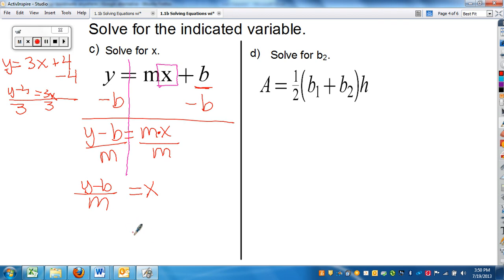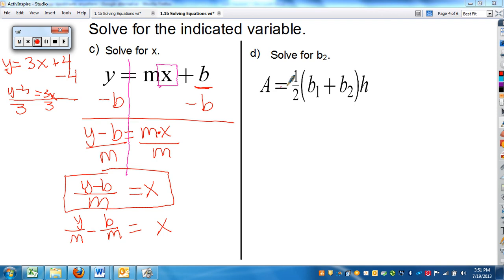Lastly, again, I just want to give you multiple ways of writing your answer. This is correct. I absolutely will accept that. One other way I will accept your answer is divide. Notice m is dividing both y and b. I can go y over m minus b over m equals x. That answer is also correct.